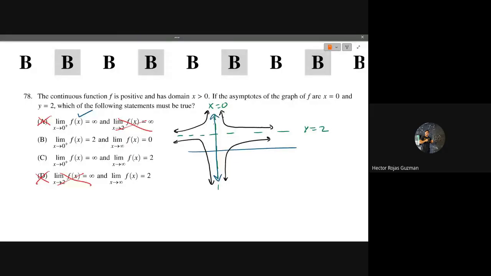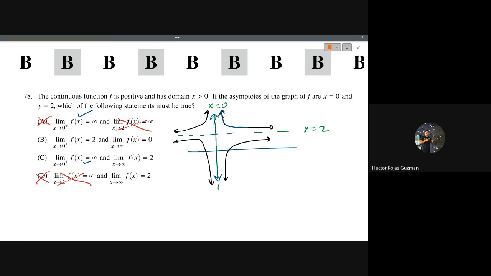Okay, recycling the work that I did in part A, I know that this part is true. The limit as x approaches 0 from the right side is 2? No, we said the limit is infinity, right? If you approach 0 from the right side, the graph starts going higher and higher.